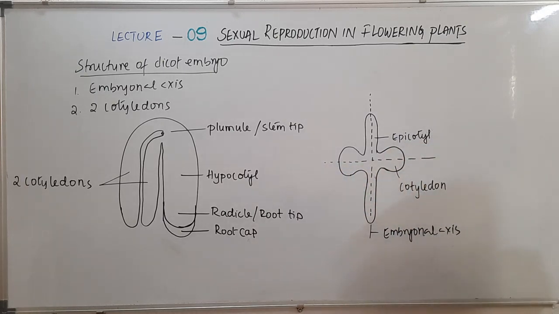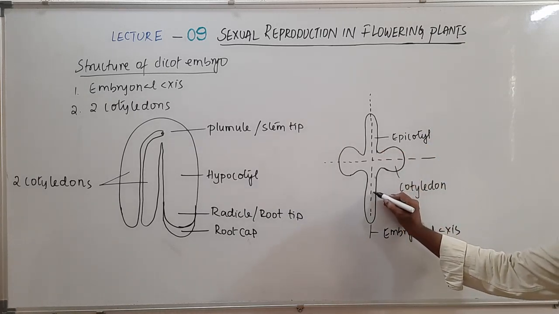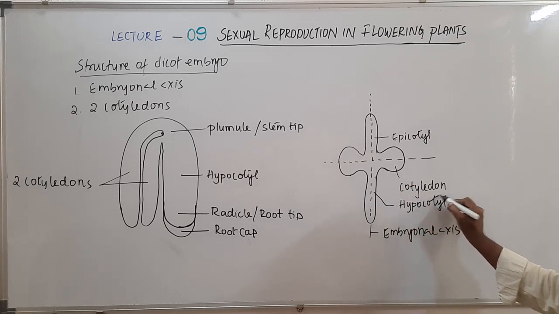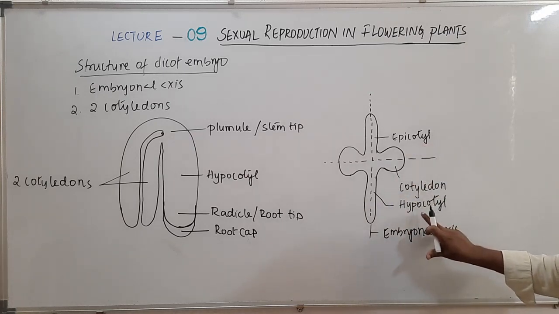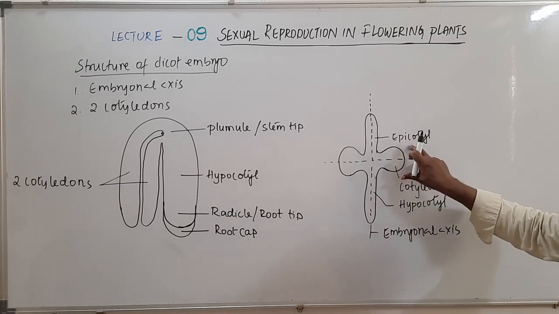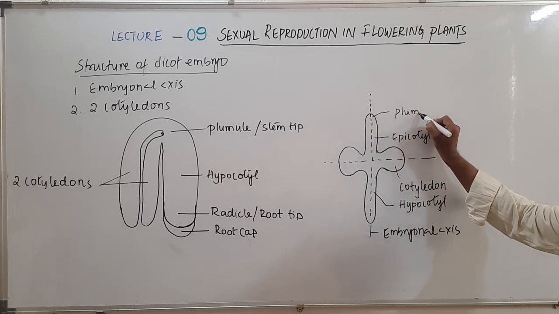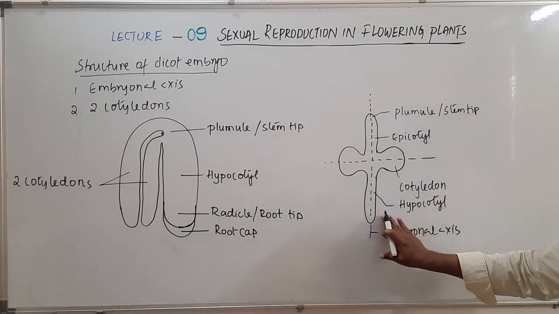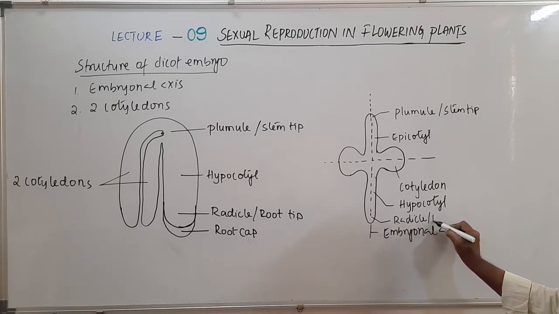So epi means above the cotyledon region, and this one which is present below the cotyledon is called the hypocotyl. So that is the region below the cotyledon. So epicotyl and hypocotyl, and the tip of this epicotyl is what we call the plumule or the stem tip, and the tip of this hypocotyl is what I call the radicle or the root tip, right?